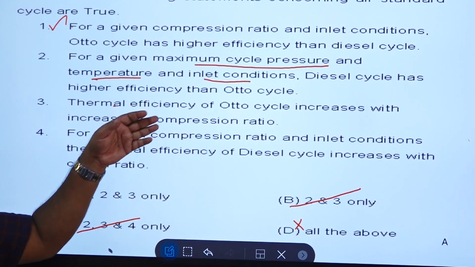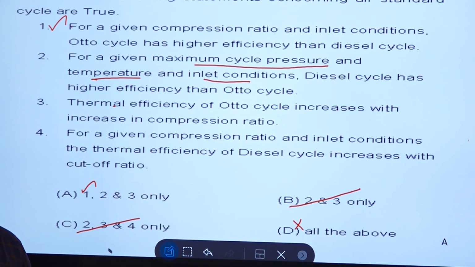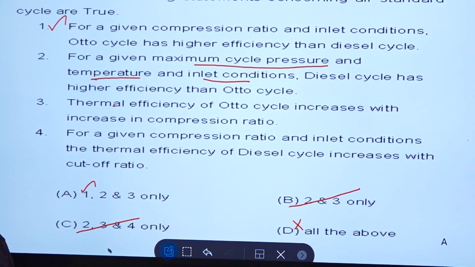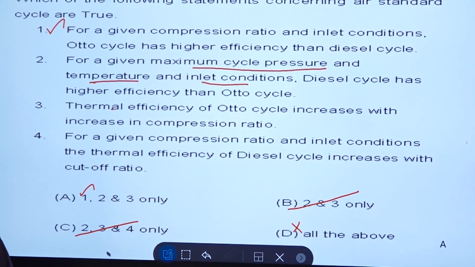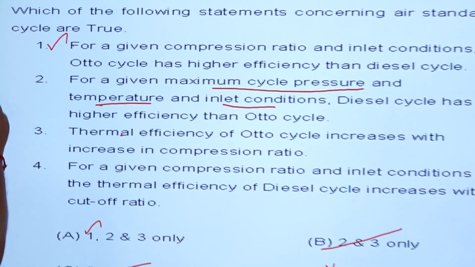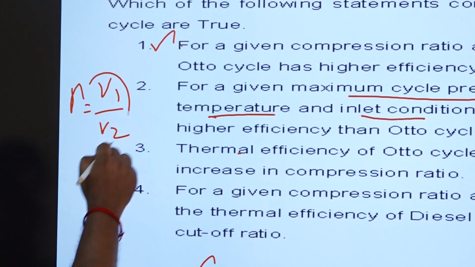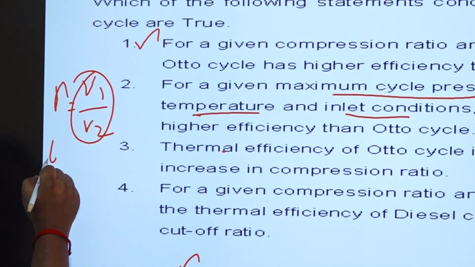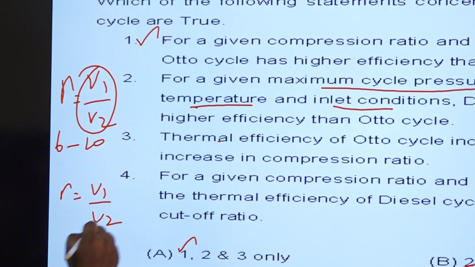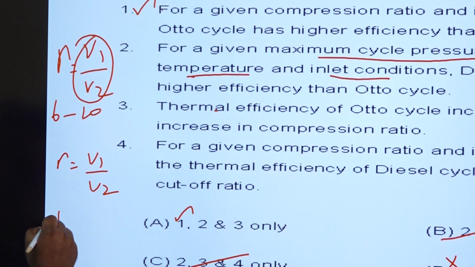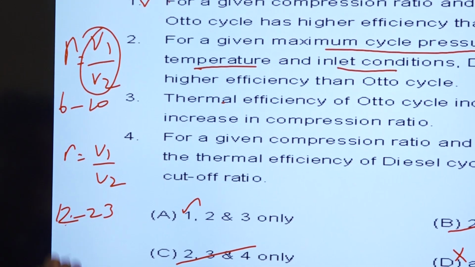When you go for higher pressures and temperature, and when you change the inlet conditions with respect to its volume, certainly diesel cycle will have higher efficiency than Otto cycle. We know that the value of r is the compression ratio V1 by V2. Here in case of Otto cycle it is only 6 to 10, but in case of diesel cycle the compression ratio is around 12 to 23.